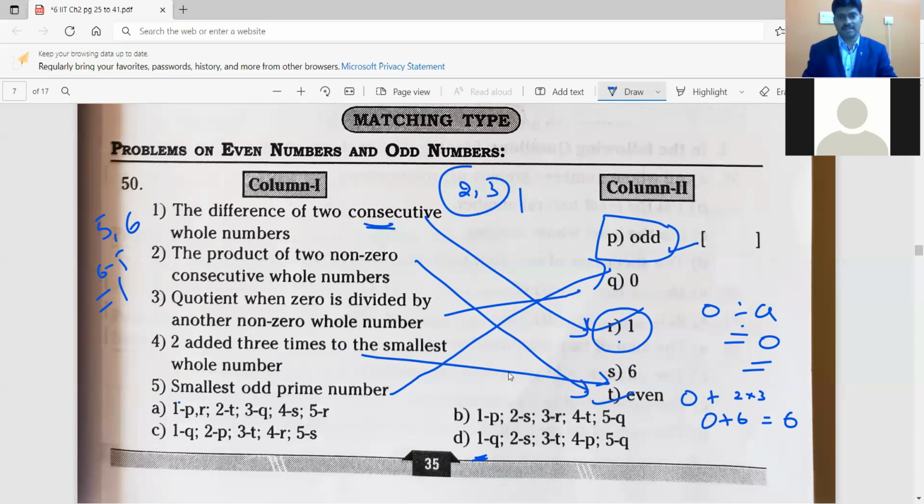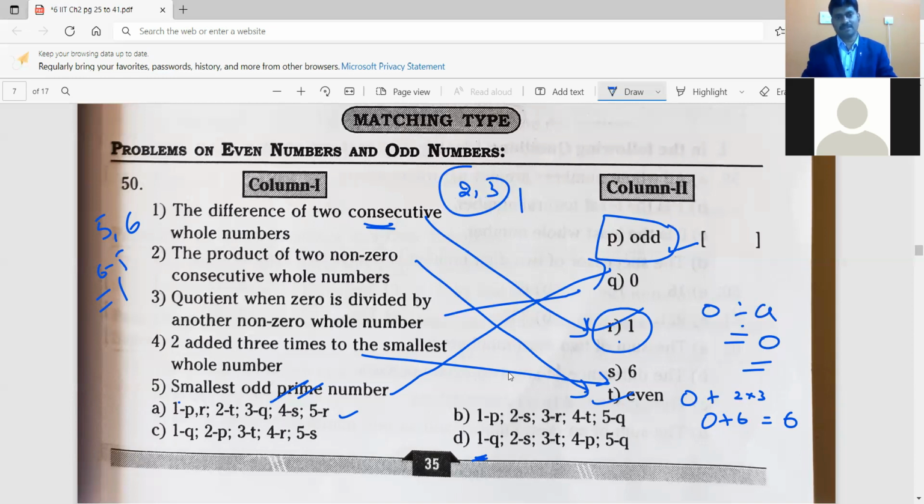And the product of the next option, T. And next option, third one is Q. Yeah, Q is correct. And fourth one is S, fifth one is R. Okay. And 2 added 3 times to the smallest whole number. So fifth one we don't get 1, sorry, fourth is S and fifth one, smallest odd prime number R.